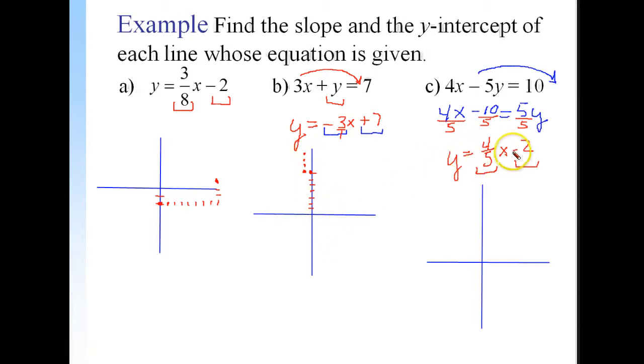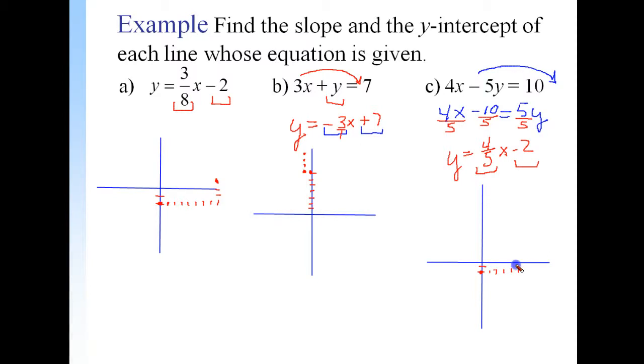Now for this one, my y-intercept is a -2. 1, 2, a dot there. And my slope is 4/5, positive. So I'm going to do my run, which is my x units. 1, 2, 3, 4, 5.